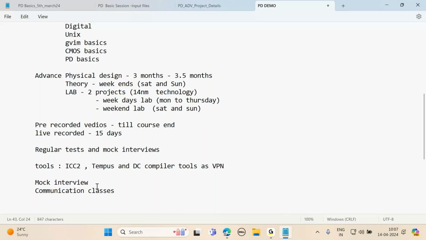Second, you have service-based companies. Service-based companies work on the projects of product-based companies. Product-based companies themselves will not do all the projects; they outsource them to service-based companies. There are many, like Silica, Smart SOC, and even Samsung is a service-based company for Qualcomm.